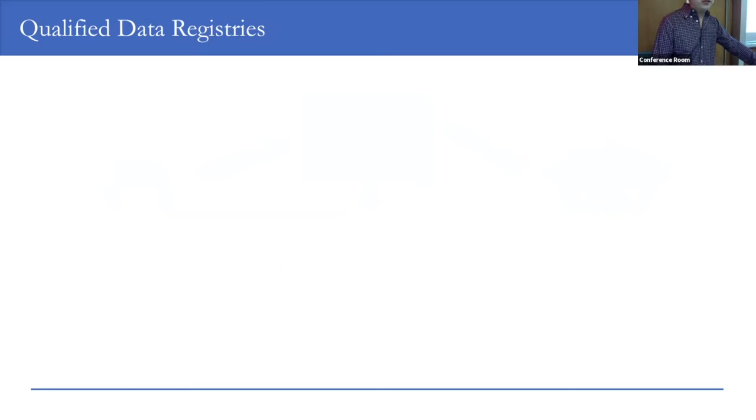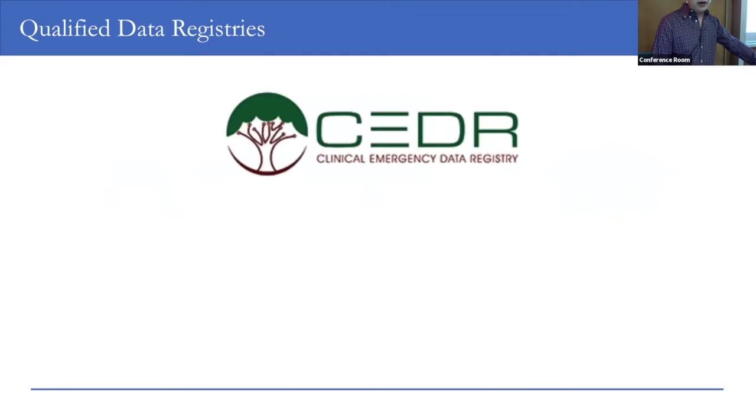It's also interesting, the organizations that can become qualified data registries. The one that I think is being talked most about is the Clinical Emergency Data Registry. This is the one that was started by ACEP, and it was probably the one that a lot of groups are going to be using.